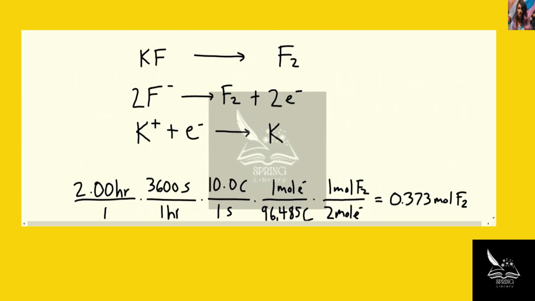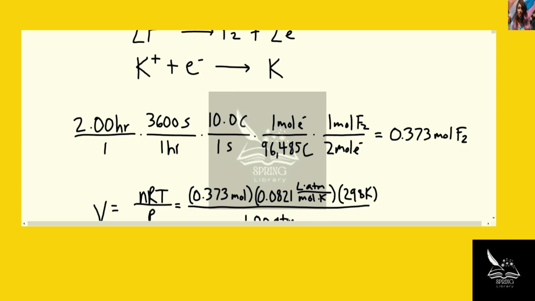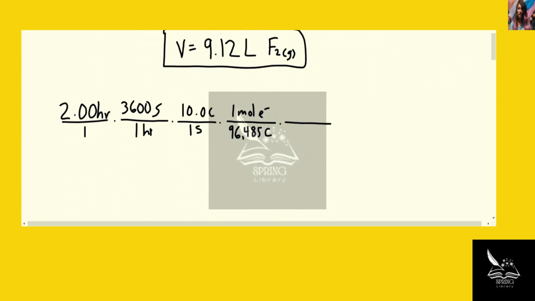And now, based on the reduction reaction, we see that for every 1 mole of solid potassium plated out, we have 1 mole of electrons. So this time the ratio is 1:1. So 1 mole of electrons corresponds to 1 mole of solid potassium.